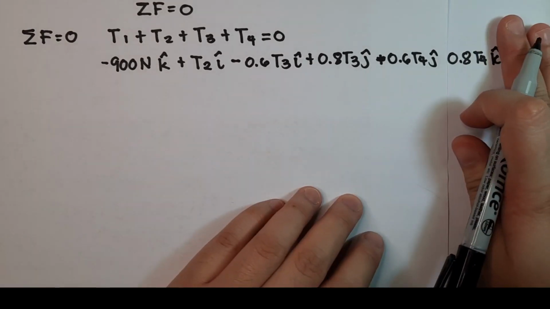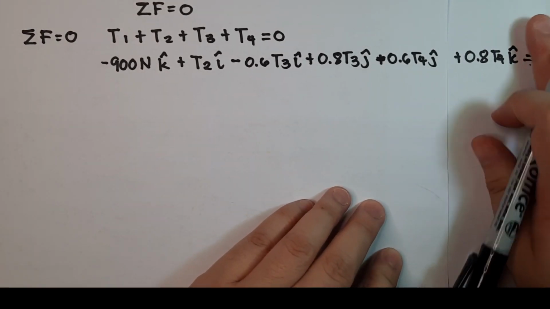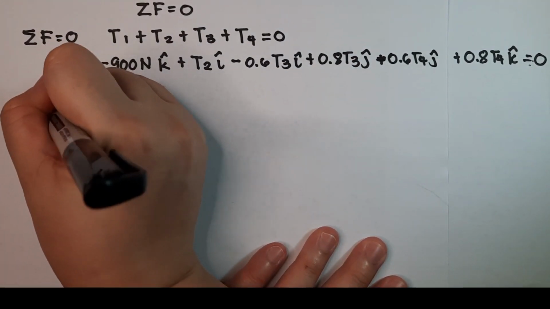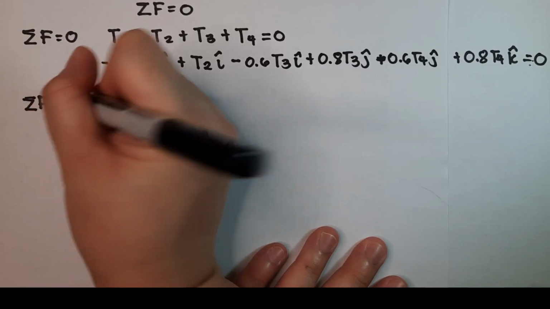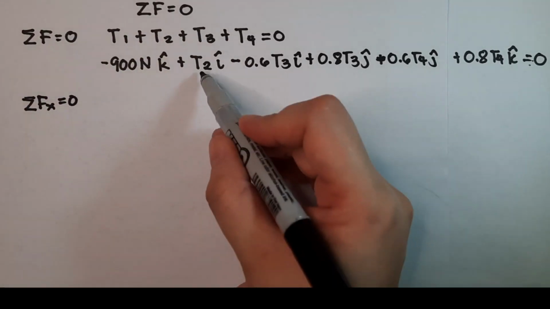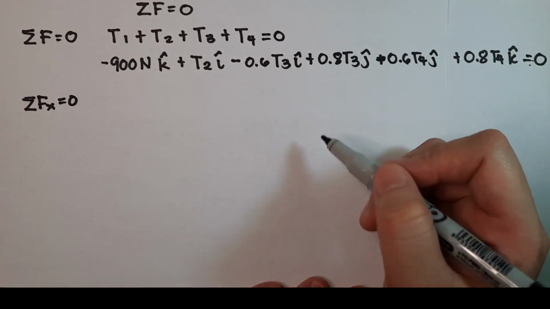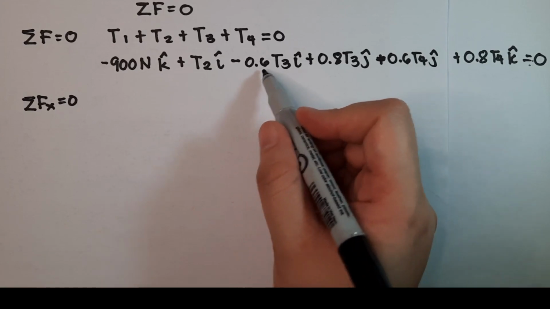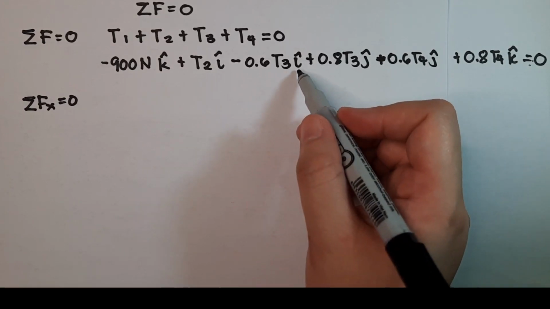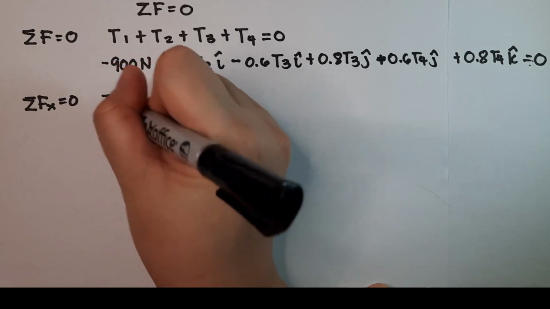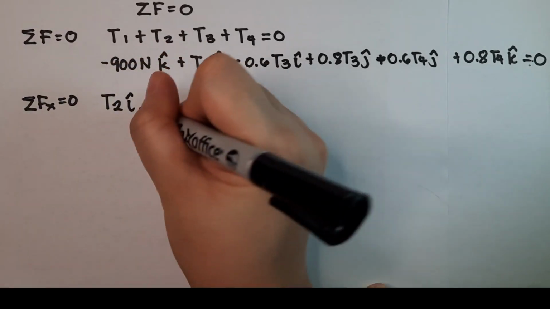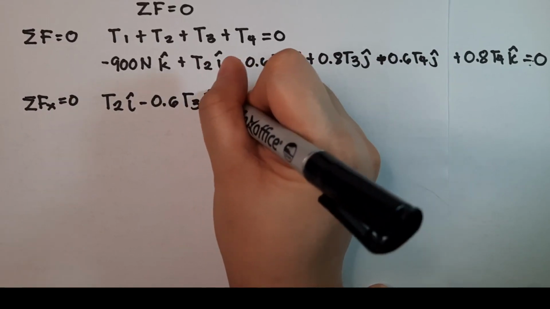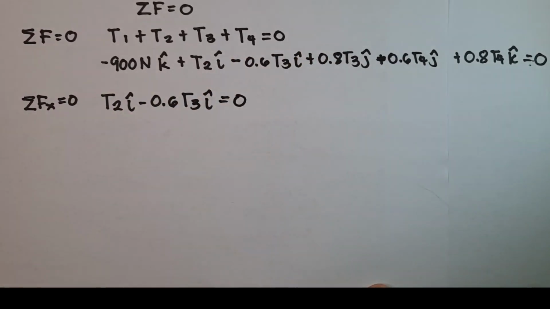Now for this, we have to get all the forces on x. What are the forces on x? We only have 2. So this is T2 i hat minus 0.6 T3 i hat is equal to 0.